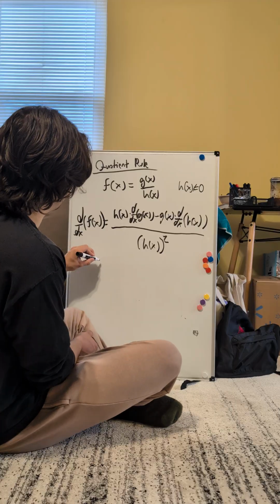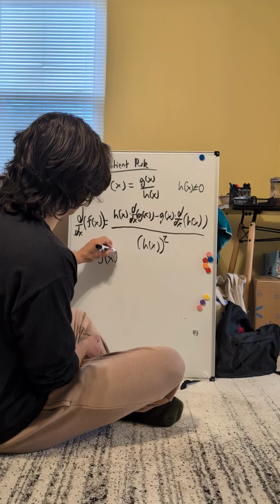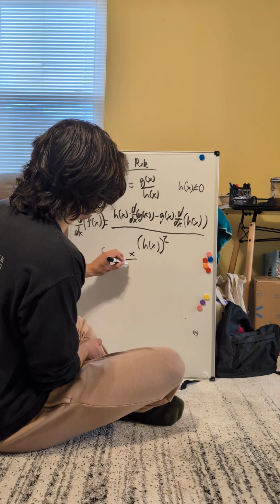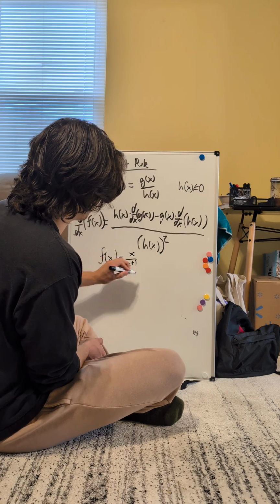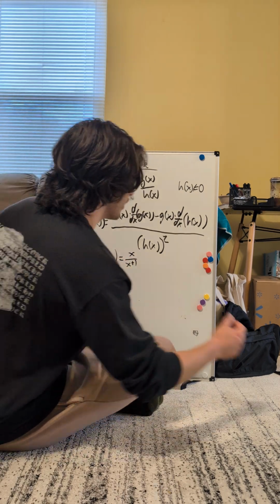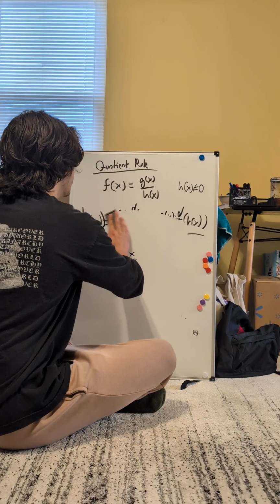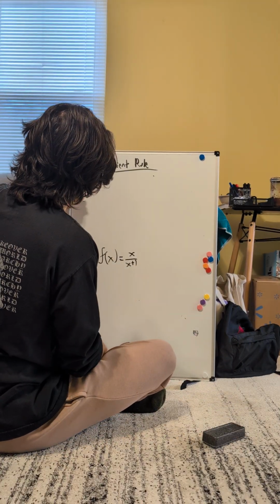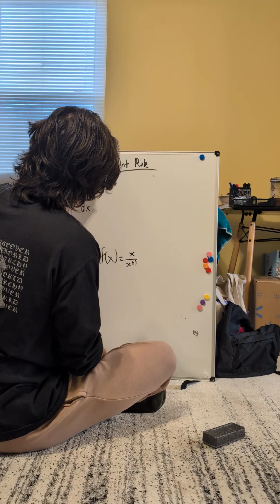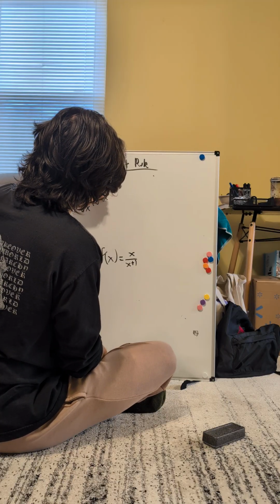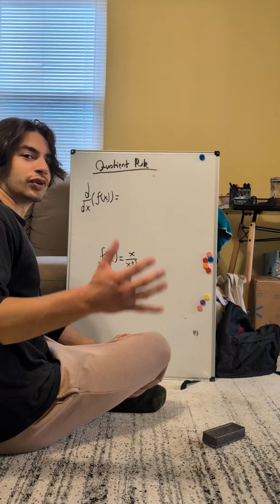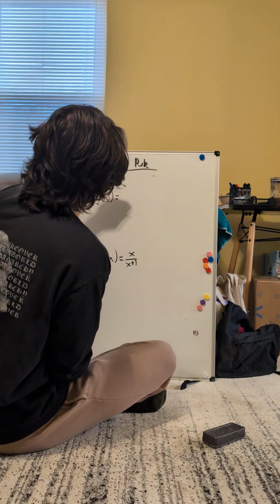But if I have an example here, we'll use an easier function. Let's say f of x equals x over x plus 1. I'm going to write the answer up here. The derivative of f of x is equal to the derivative of the top function multiplied by the bottom function.